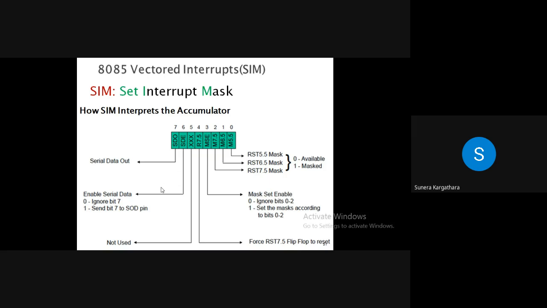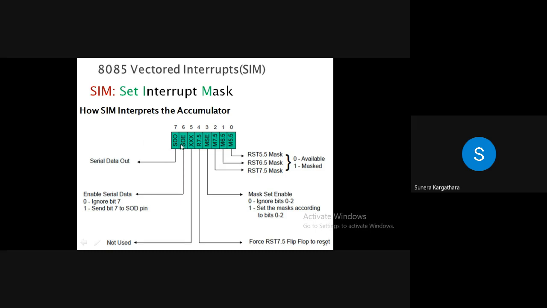Say for example, my 7.5 interrupt is available, so whatever data I want to communicate through this, I can keep in the D7 bit of my accumulator. And to make it available, I need to keep the D6 bit equal to 1. Am I communicating, student?